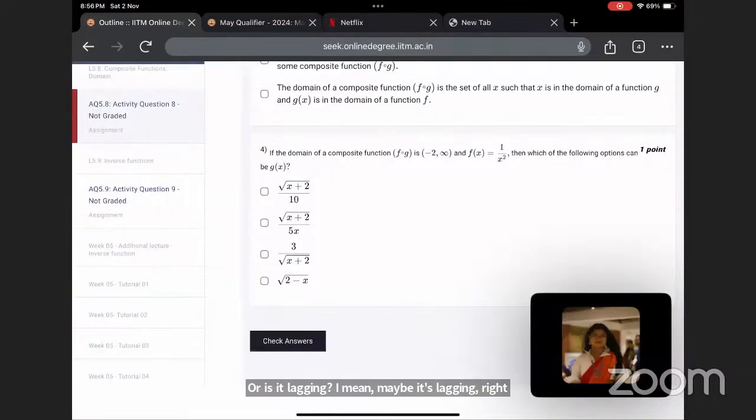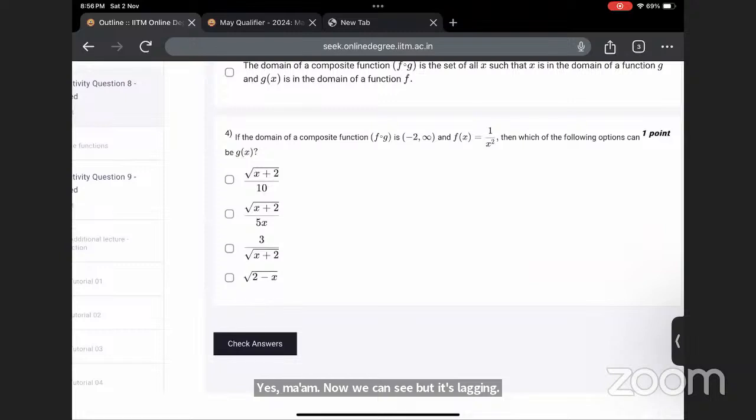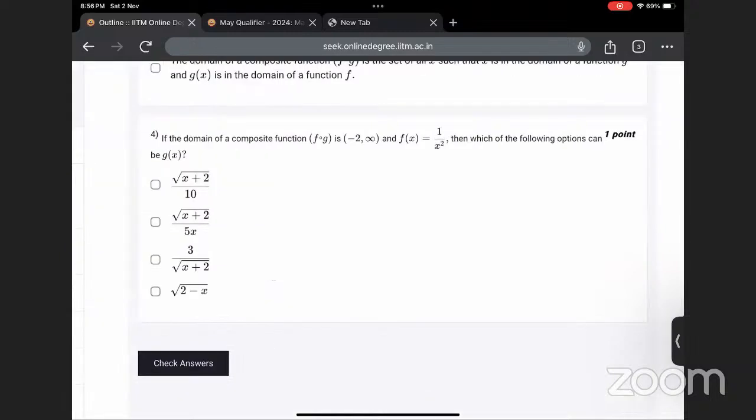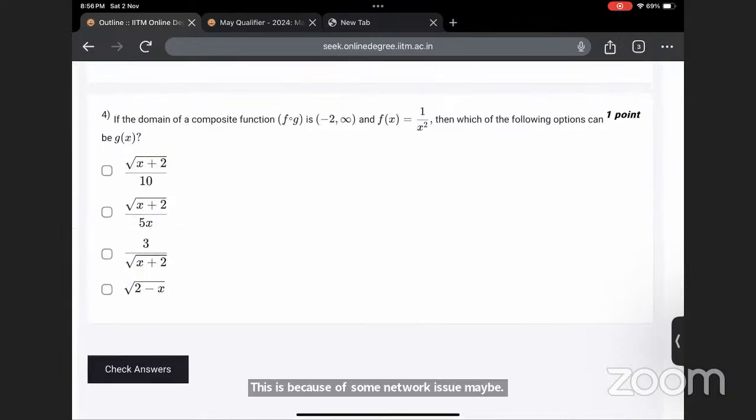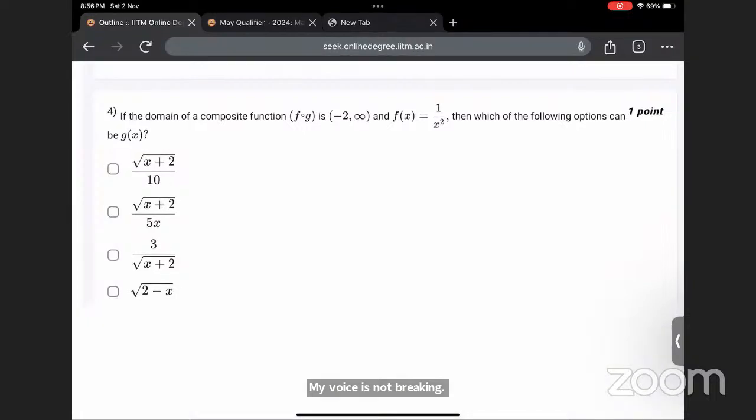Yes, ma'am, now we can see the fourth problem, but it's lagging. I can also see it's lagging. This is because of some network issue, maybe. Anyways, I'm audible now, right? My voice is not breaking right now, right? No, ma'am.